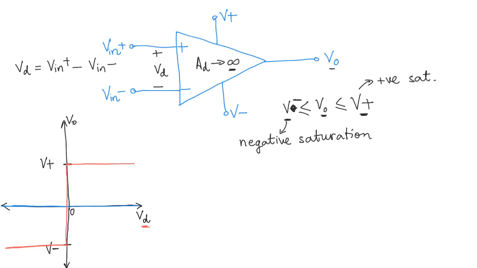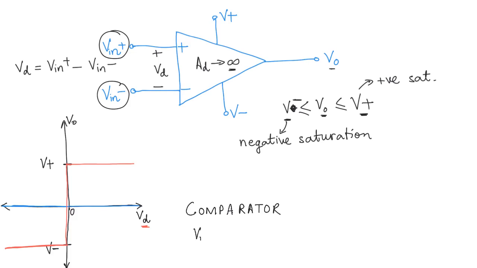Okay, so we have a circuit that gives you an output of V minus whenever the differential input VD is negative, and it gives you a voltage of V plus whenever the differential voltage at the input is positive. Now this kind of circuit is called a comparator circuit. And you can easily see why. It's called a comparator because it is comparing these two voltages that are being given at the input, right?